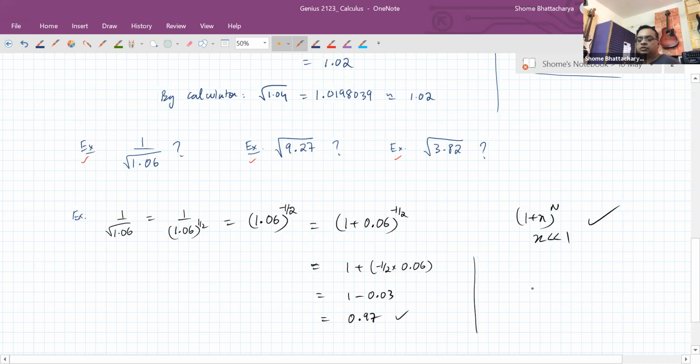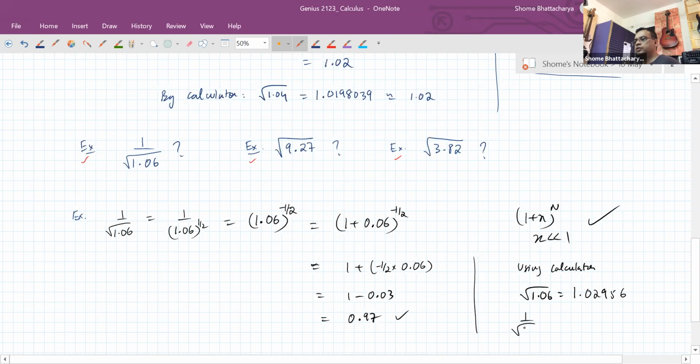And if I actually do the calculation of this using a calculator, see what I will get. I'll get square root of 1.06 as 1.02956, let's say. Okay.